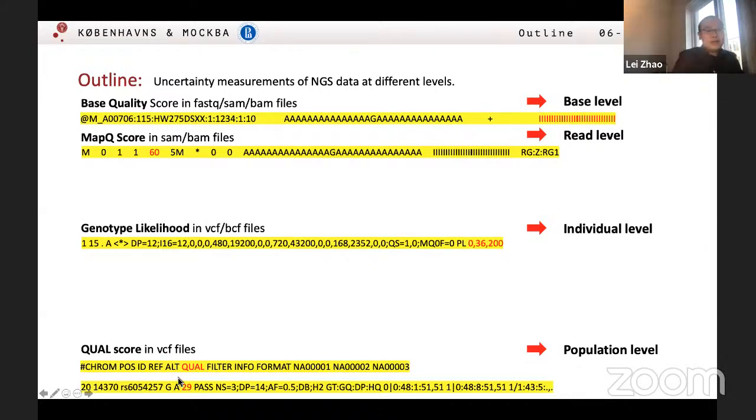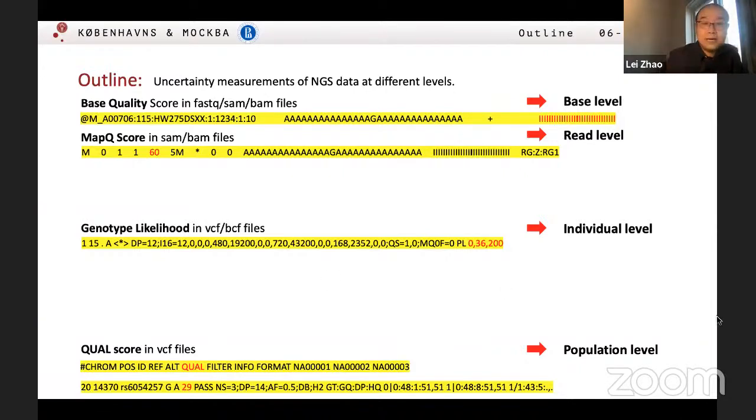Because you have a bunch of individual samples, it tells you how certain this site is a SNP site, or how certain this site is an invariable site.